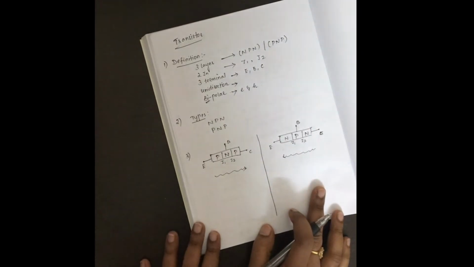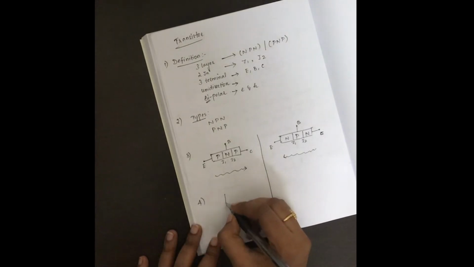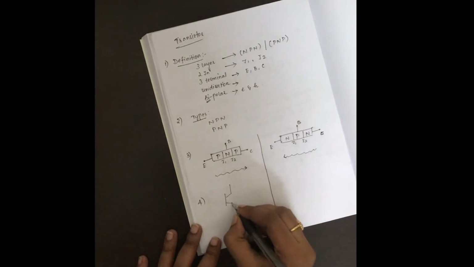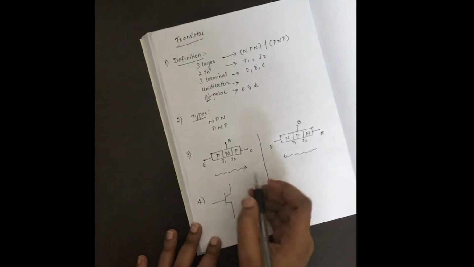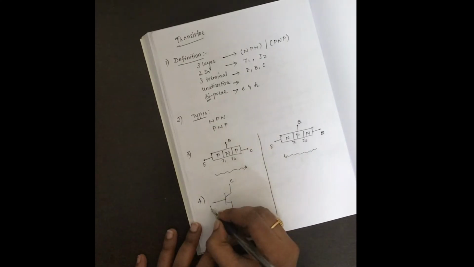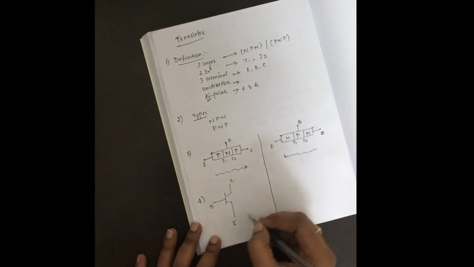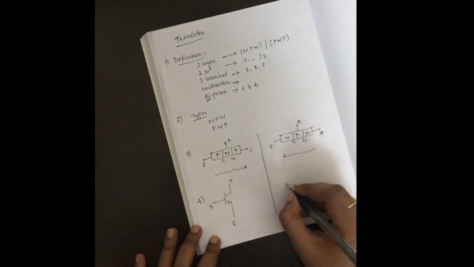Okay, so next I will go for the symbol for PNP transistor. This is the symbol of the transistor. For PNP, current flows from emitter to collector.